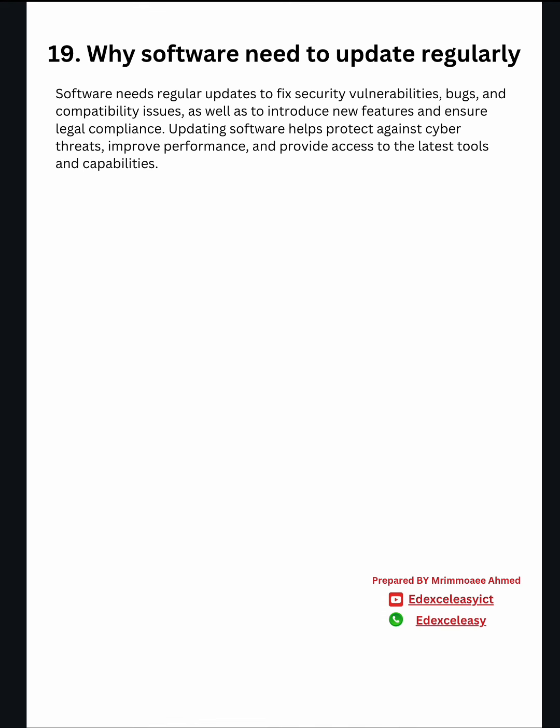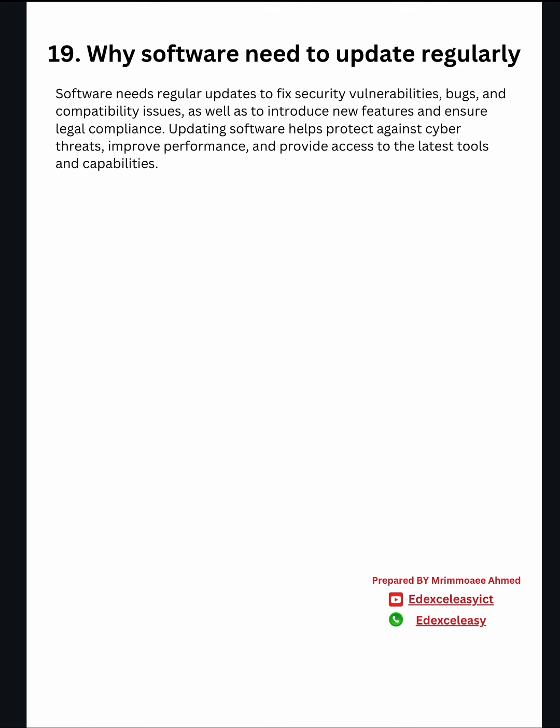But if you don't update on time, then the company cannot give you that protection. So the hacker can access your devices. That's why we need to update regularly. It saves us from security vulnerabilities and bugs, and also helps us get new features that the company provides.